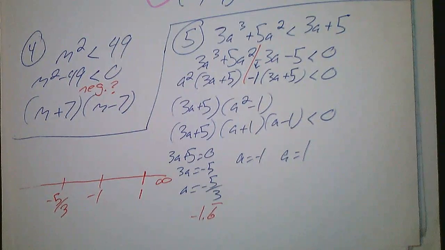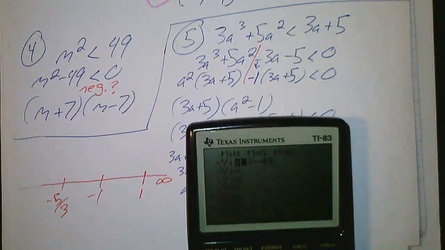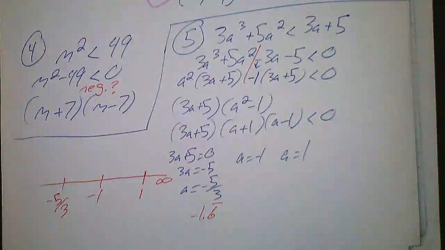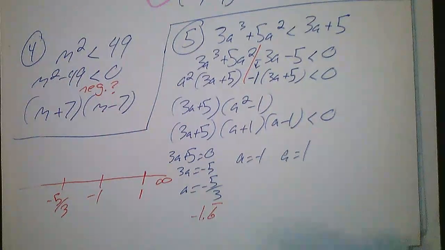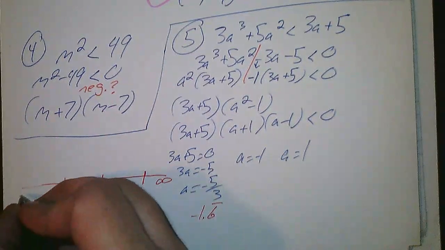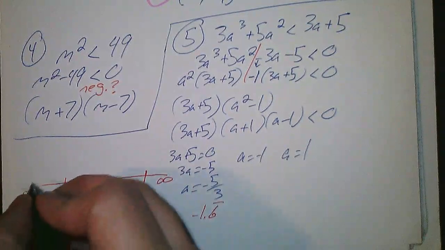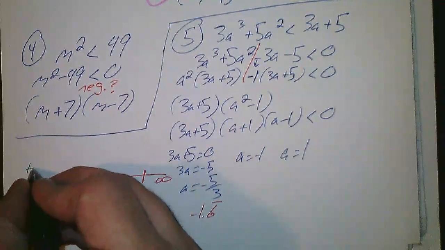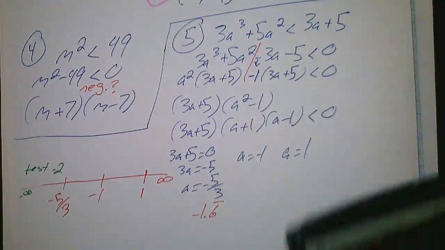So we could look at the image in the calculator. Again, it just takes a lot of time to test these values, but you certainly could. Don't forget that we go towards negative infinity. Something to the left of negative 5/3, you could test negative 2 or negative 10, whatever.